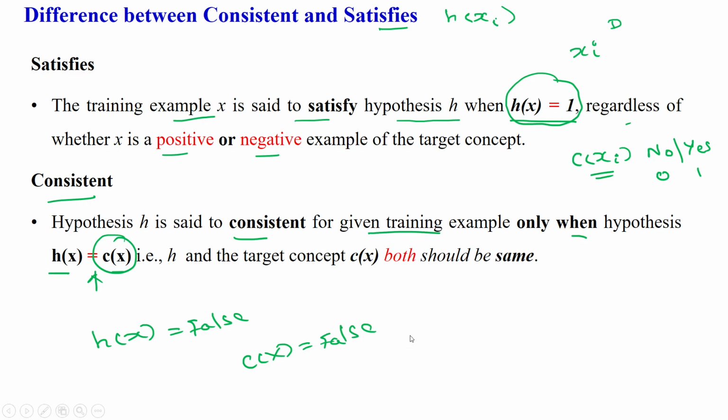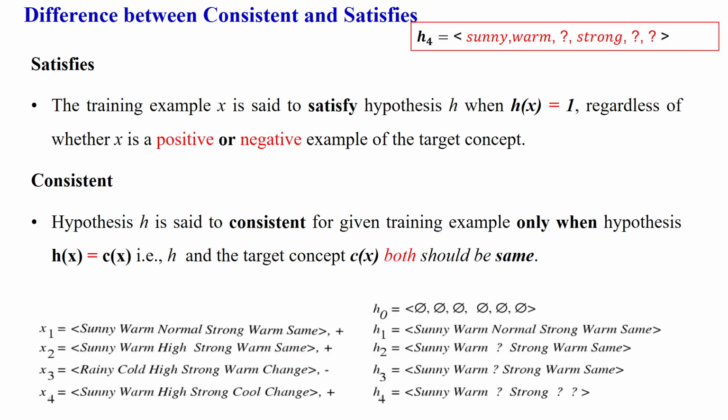For example, let's see the data set. It contains four training examples x1, x2, x3, x4. Like that, we are given the set of hypotheses here from h0 to h4. We will take h0.